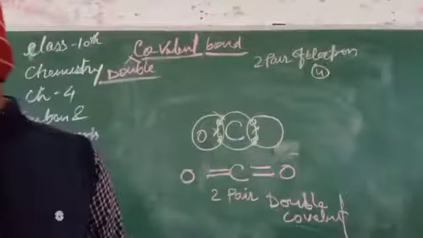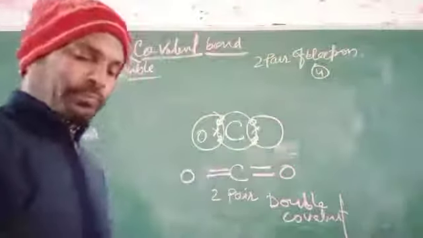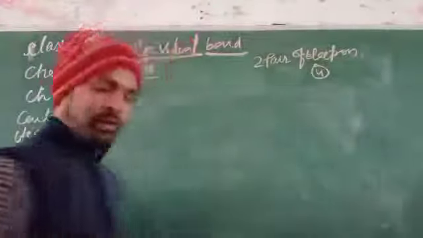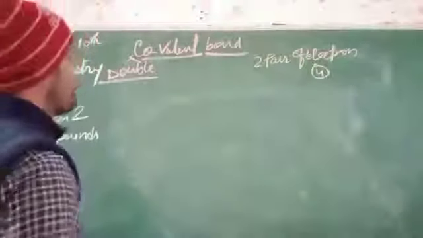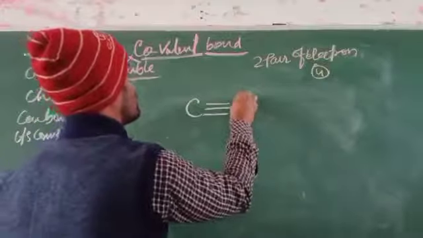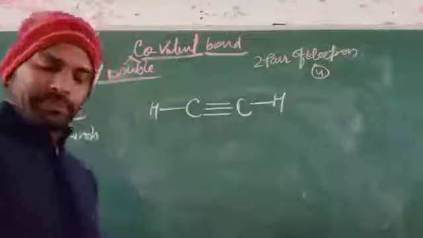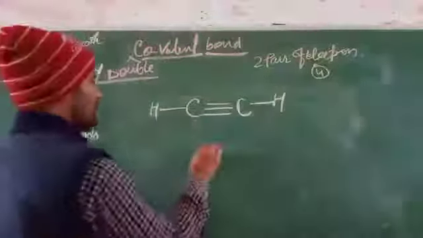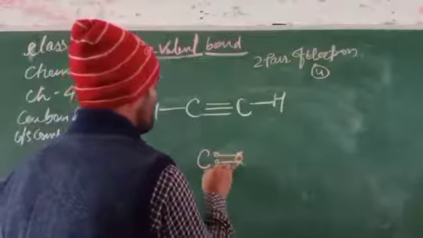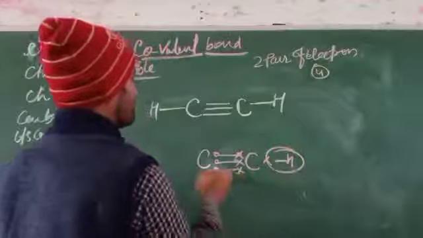In the other case, if we move on to the next one, that is triple covalent bond. Triple covalent bond can be shown by the carbon, that is ethyne. In the case of ethyne, 3 pairs of electrons get shared, and one is shared by hydrogen.